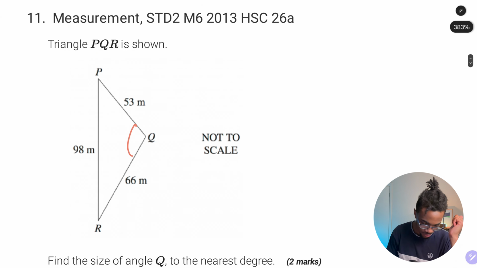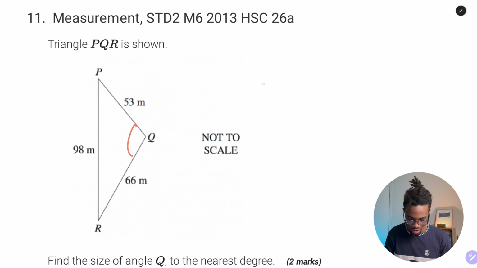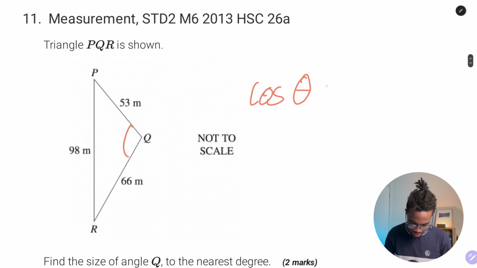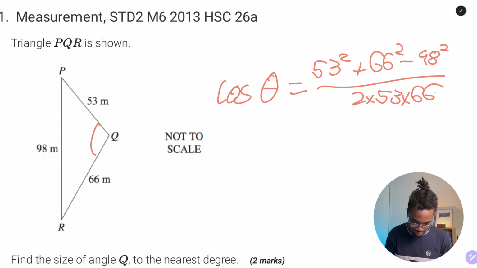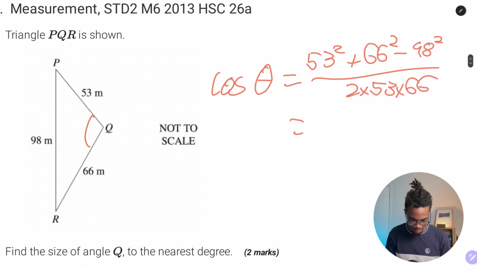Right? Again, just going to use cosine. So, cos theta equals 53 squared plus 66 squared minus 98 squared over 2 times 53 times 66. That equals, shift cos.